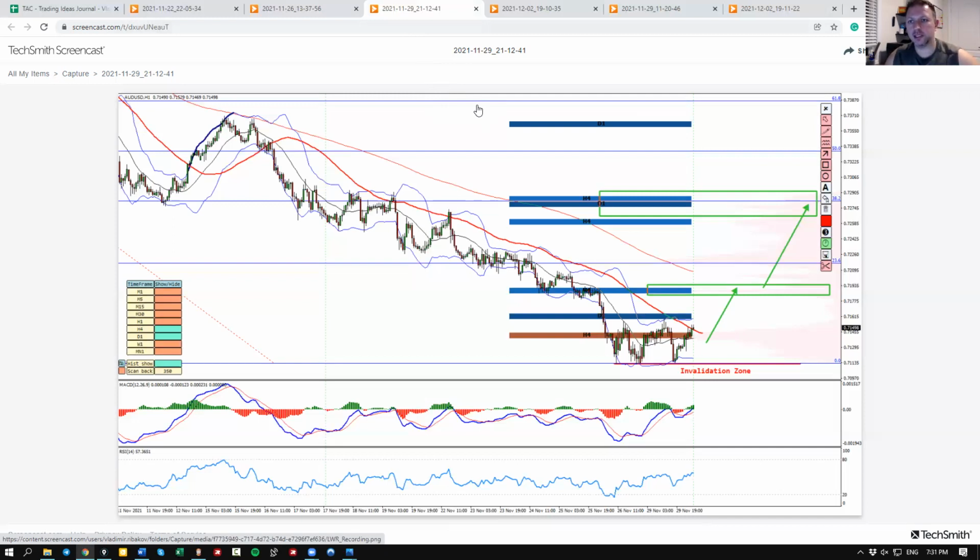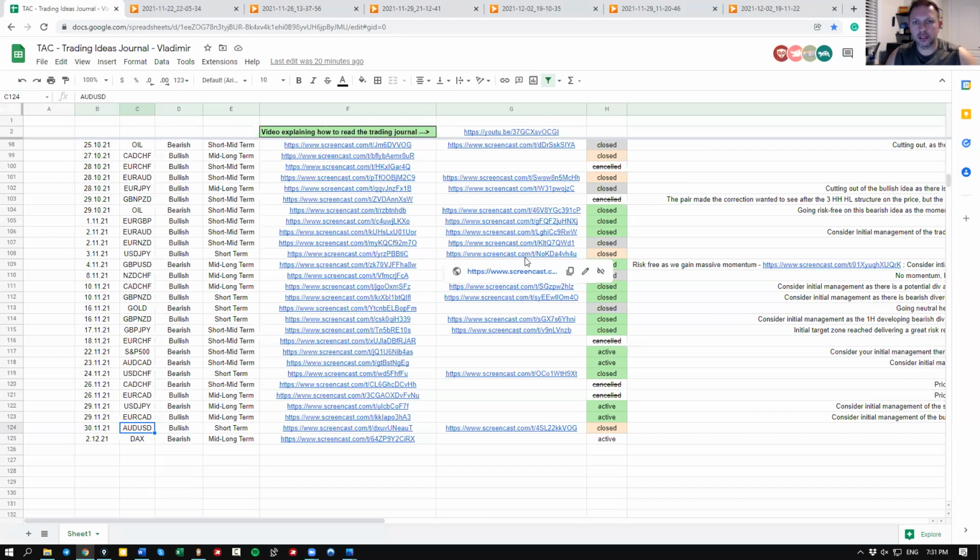With expertise, your level would go higher. We are working here also with around a 75, 80% success rate of the ideas. And the whole trick here is not only success rate, but the risk reward. In the times you are right, make more, and in times you lose, lose less. I'm talking about averages, of course.